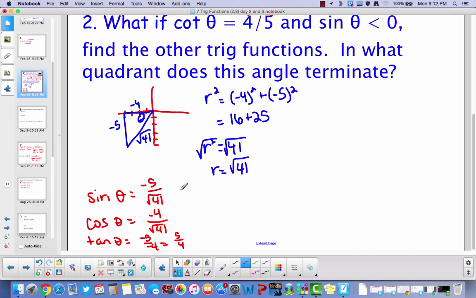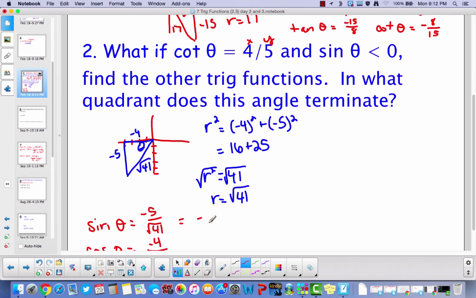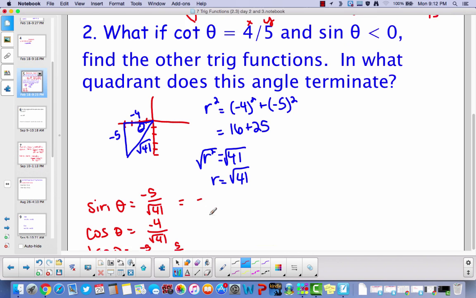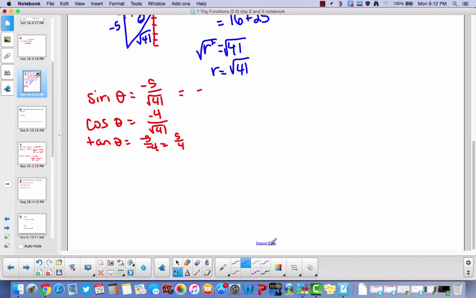If we were to rationalize these, sine of theta would be negative 5 times the square root of 41 over 41. Cosine will be negative 4 times the square root of 41 over 41. And tangent would not change.